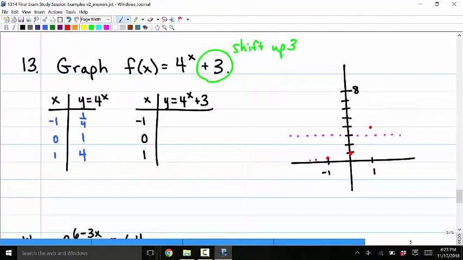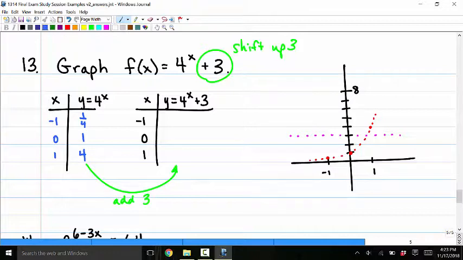Here's your parent function. All of those points we want to shift up 3. So we're not moving the x values at all. Those stayed the same. But these y values, you want to add 3. Add 3 to all the y values.